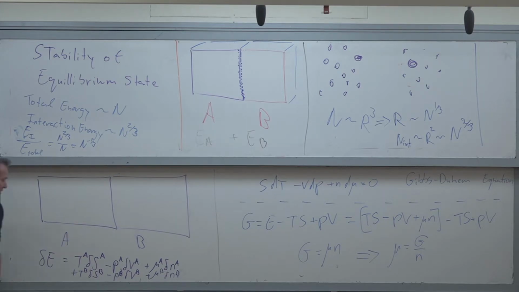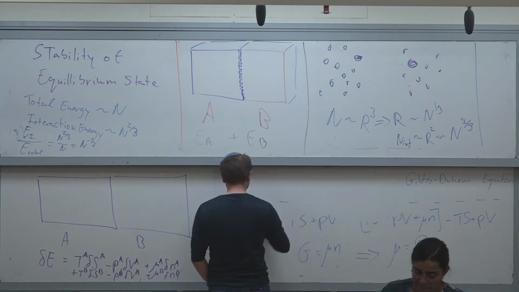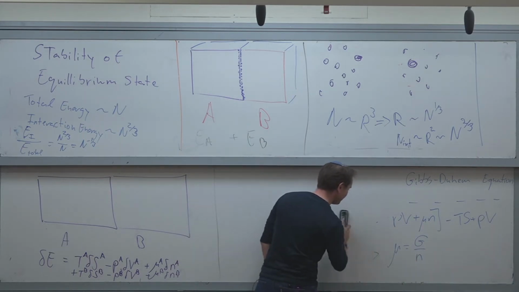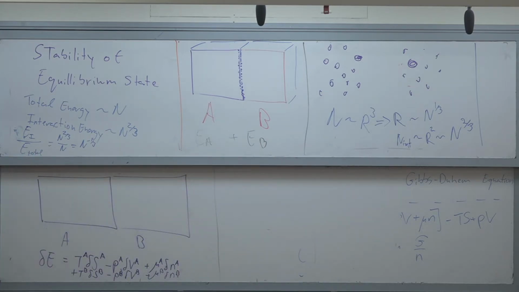Where am I going from here? Now let's assume that the total volume has not changed, that the total energy can change, but the total entropy is kept constant, the total volume is kept constant, and the total number of particles is kept constant.